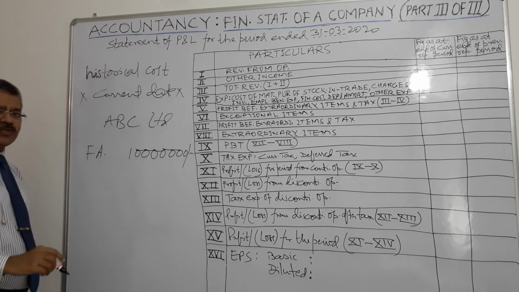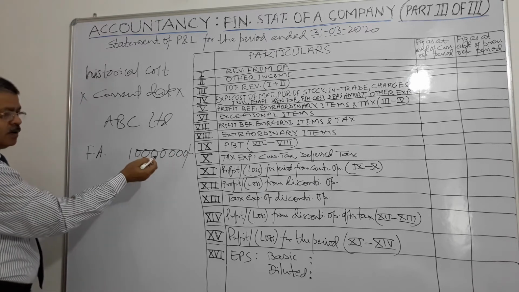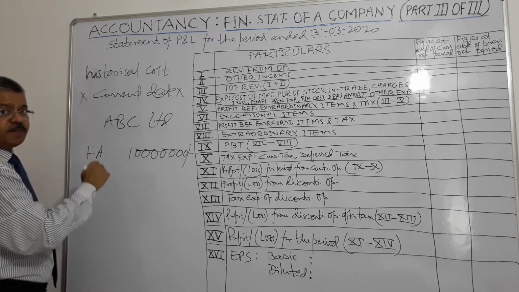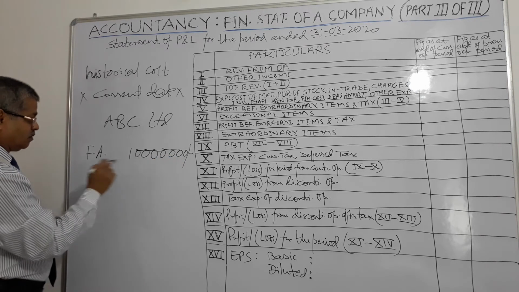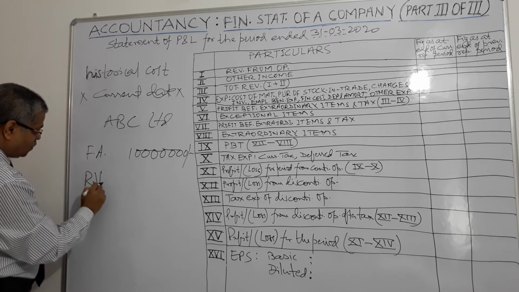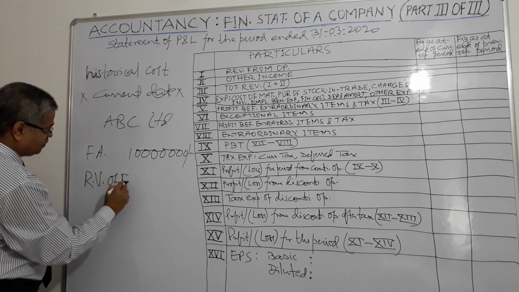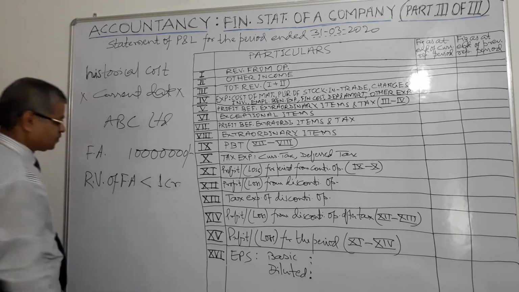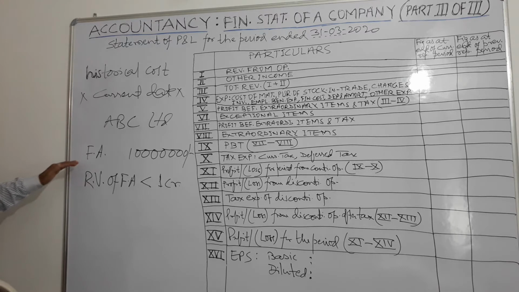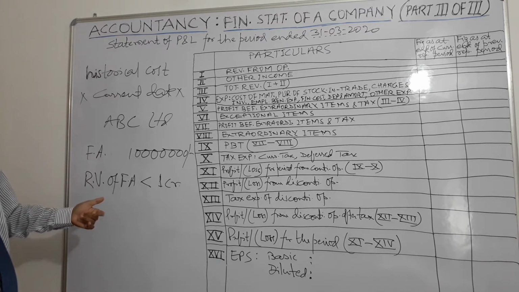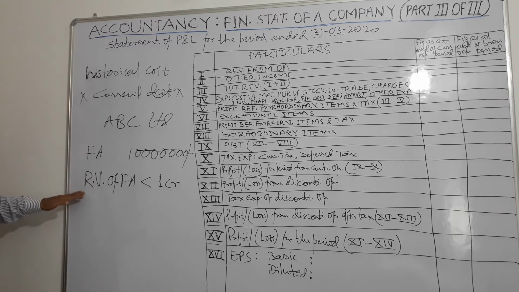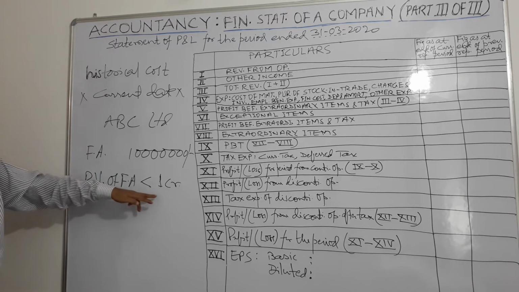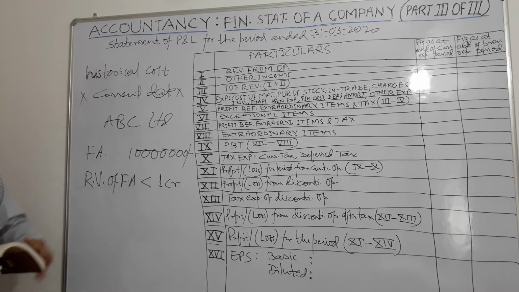When the company goes into liquidation, this 1 crore may not be realized. Realizable value of the fixed assets may be much less than 1 crore, right? Fixed assets in the books of the company are valued at 1 crore. The company goes under liquidation due to whatever reasons. So the realizable value of fixed assets may not be 1 crore, it may be much less than 1 crore.